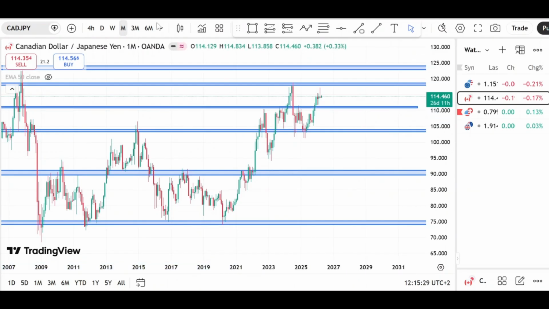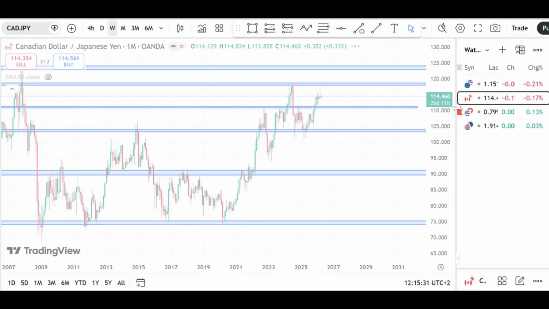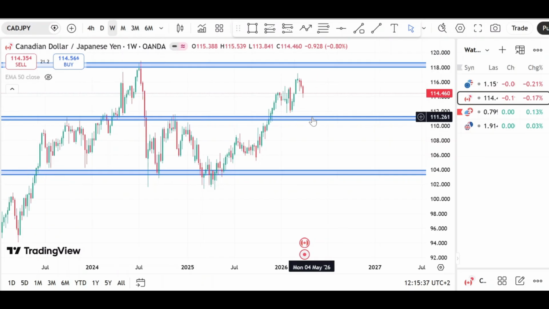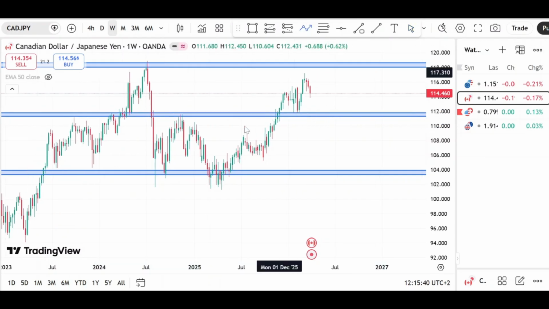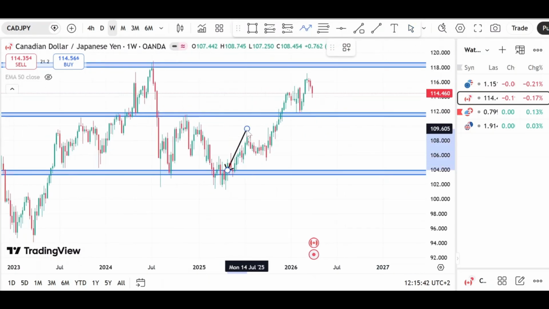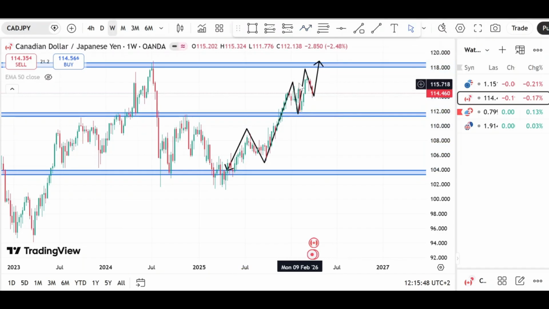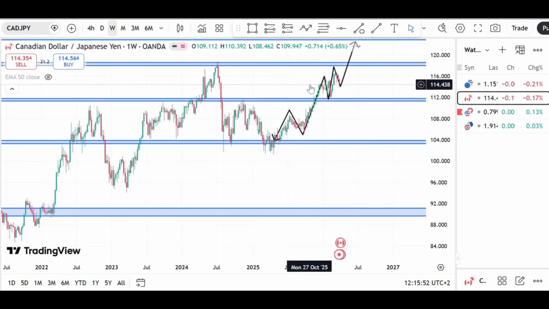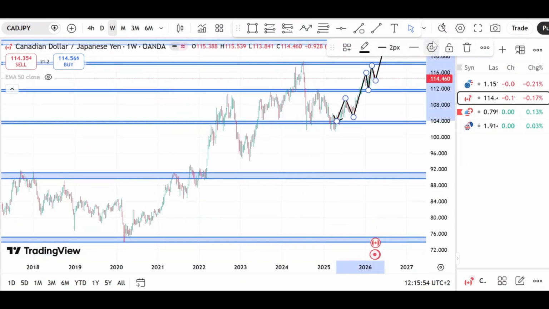Okay, let's go to the weekly time frame to see what I'm talking about. You see that we have been in an uptrend: higher high, higher low, higher high, higher low, higher high. We expect that price is going to keep moving in this manner to retest the 3-month upper zone.